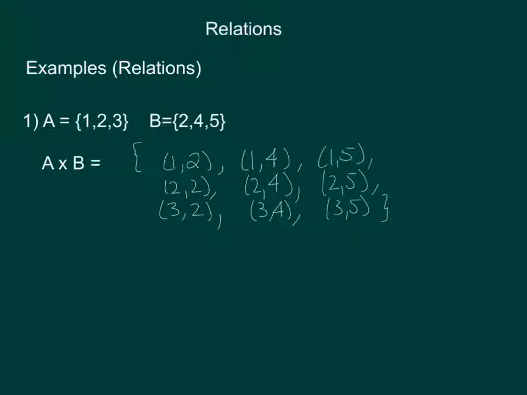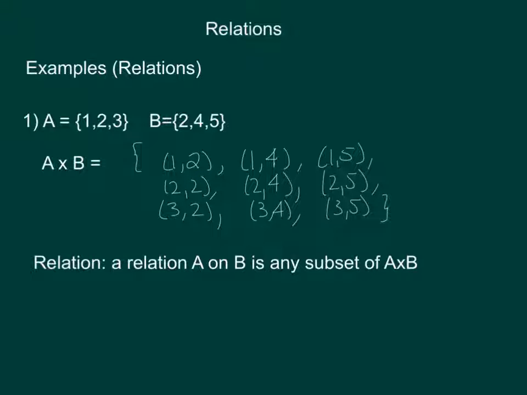The cross product is this matrix here, where the first element comes from set A and the second element comes from set B. Again, this first element is from set A and the second element is from set B. Then we keep going: the 2 from set A, and the 2 from set B, etc.